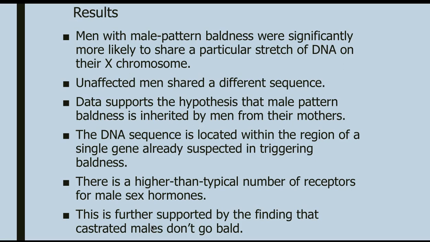So the data does support the hypothesis that male pattern baldness is inherited by men from their mothers. The thing that we long suspected is true, but it's just a region within this gene that we'd already kind of suspected.